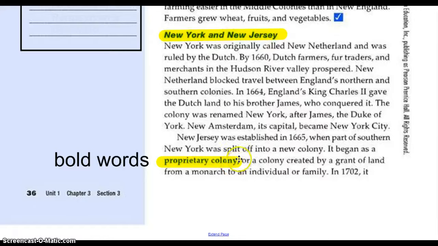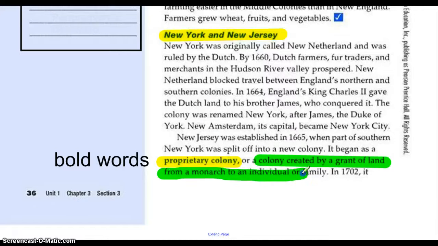So often if we see that comma, that lets us know that afterwards it's going to either give us a definition or an explanation of some kind. So this actually gives us a definition here, and it tells us that a proprietary colony is a colony created by a grant of land from a monarch to an individual or family, and you do need to highlight that.